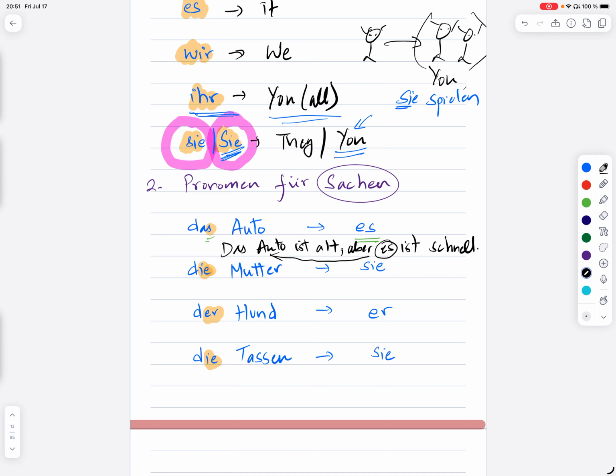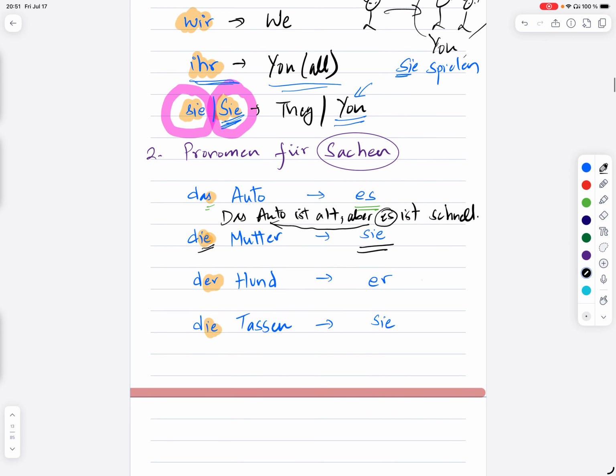In the same way, we have for the female, like die Mutter, the mom, and for that we will have sie as the personal pronoun. And then for example, der Hund, the dog, we will have er. And then you have die Tassen for plural, the cups, then you will have sie for that, right? So for things we don't have the same word for everything like in English.